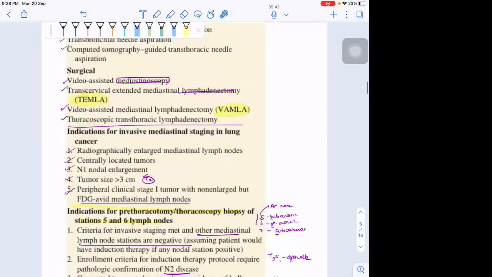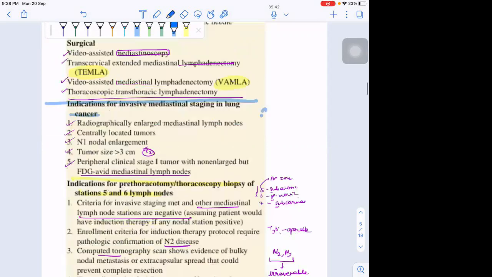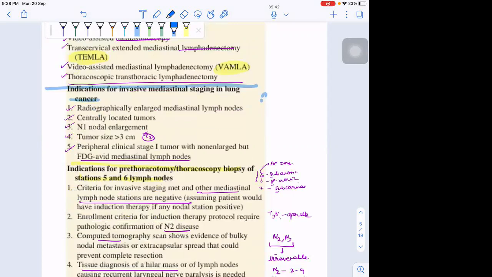What are the indications for invasive mediastinal staging in lung cancer? First, a radiographically enlarged mediastinal lymph node should be there, or a centrally located tumor, N1, or a tumor greater than 3 cm. That means in the AJCC 8th classification of lung cancer, it is T2.